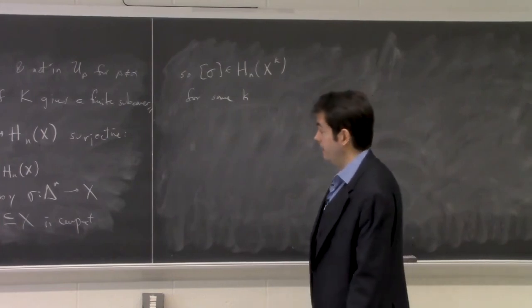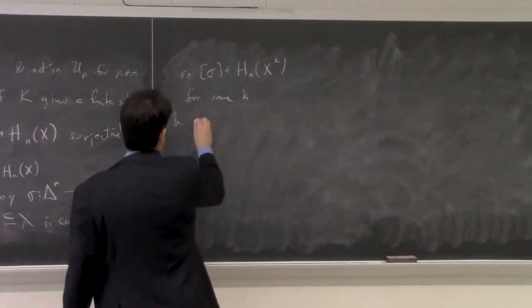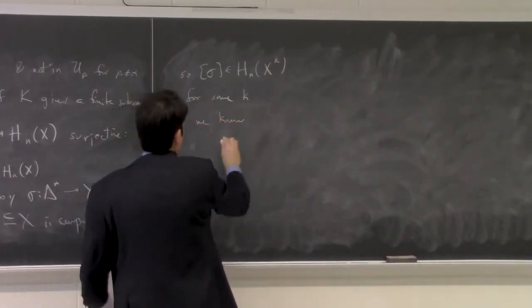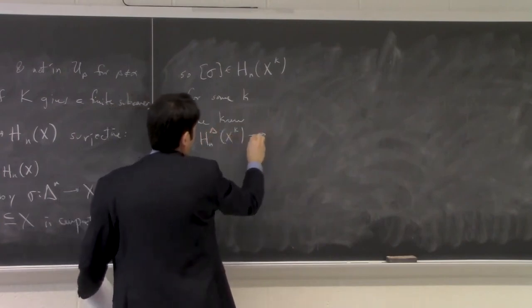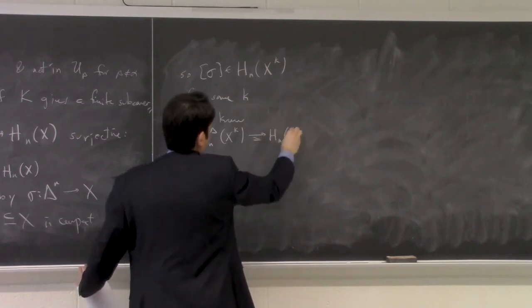And we know that Hn delta of Xk is isomorphic to Hn of Xk.